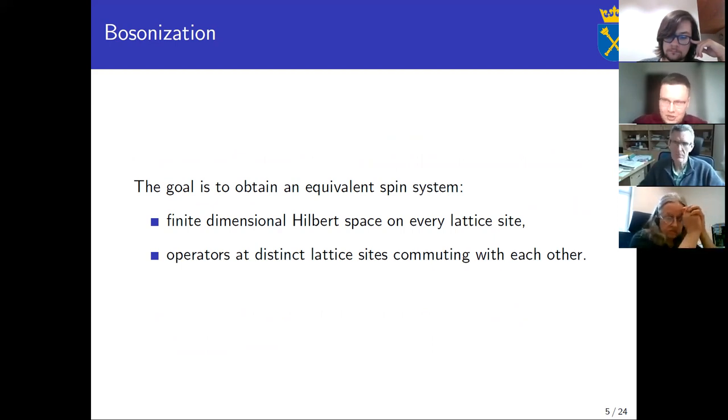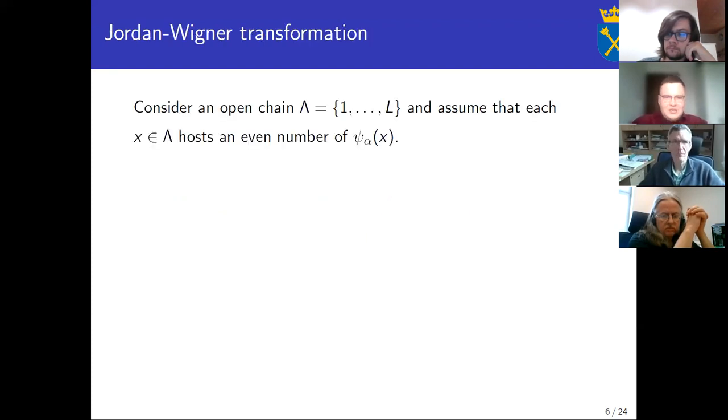So that is the goal. Since the Hilbert spaces on every lattice site are finite dimensional, in a sense it's not really a boson. There is no canonical commutation relation or something like that. But the property that I'm after is that fields at spatially separated points commute.